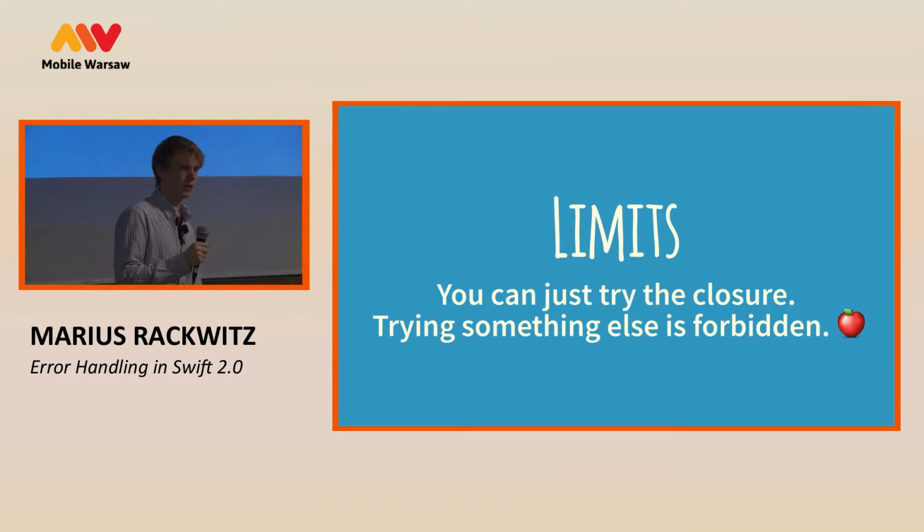The closure you get in a function, you can call it only directly and can try it only directly. So we can't do things like trying it and then catching the error, wrapping the error, or anything like that. You can just try the closure and you can't expect too much because there could be no error. So yeah.